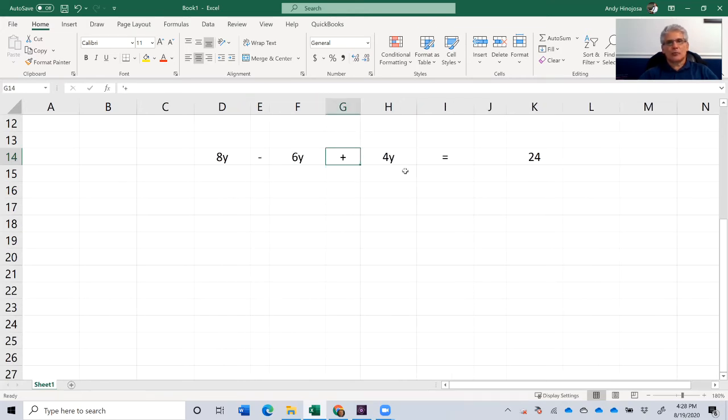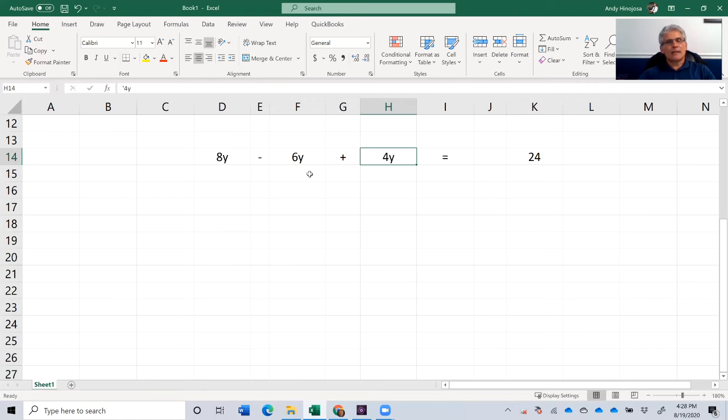When we're trying to solve an equation similar to this, the first thing we want to do is combine like terms. 8y, 6y, and 4y can all be combined. And we can just kind of ignore the y for now and just look at the whole numbers. 8 minus 6, which will give us 2, plus 4 is 6.